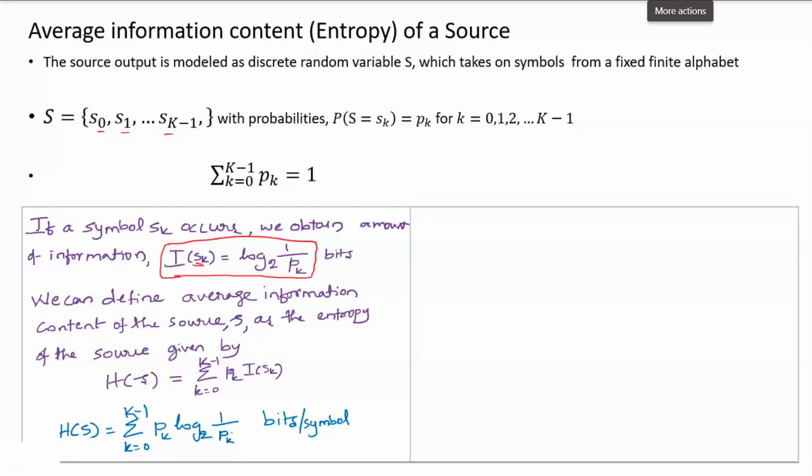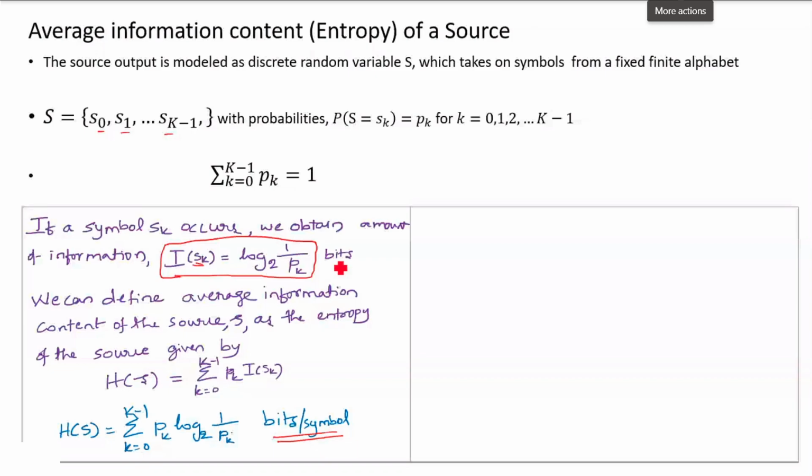So we define the average information content of the source S as the entropy of the source, and we define H(S) equal to the summation, k equal to 0 to K minus 1, of p_k log 1 upon p_k, to the base 2, bits per symbol. We get bits of information per symbol. This is nothing but the entropy of the source.